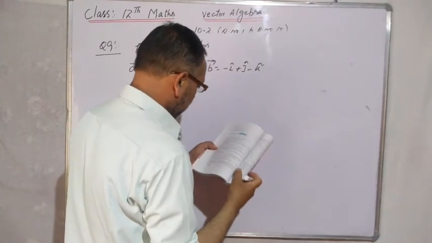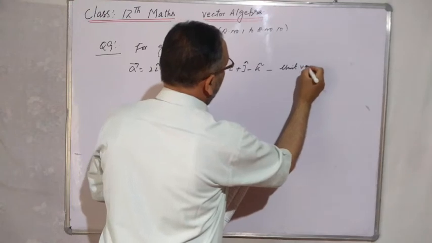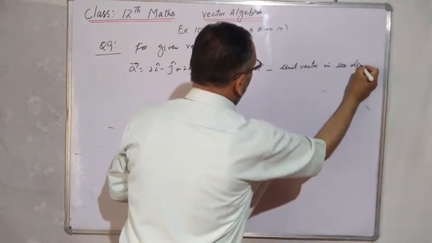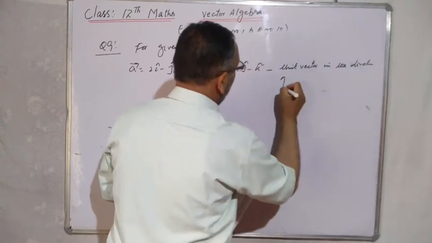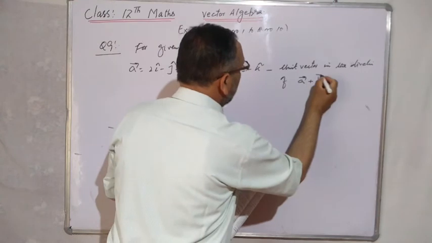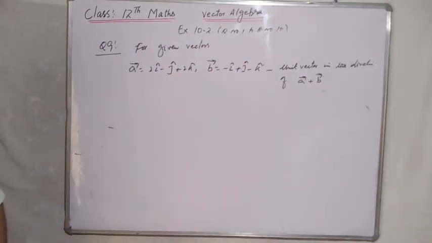Find the unit vector in the direction of vector A plus vector B.